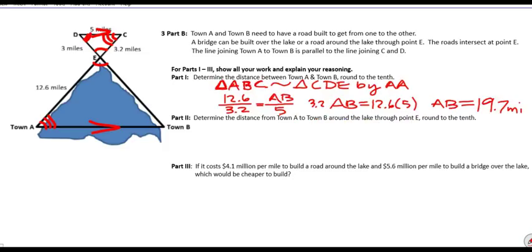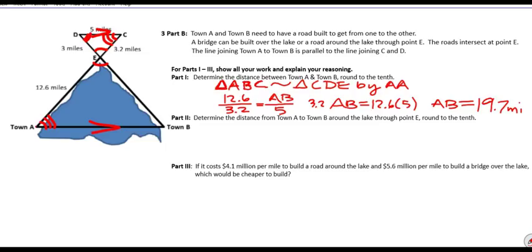The second part of this problem says determine the distance from town A to town B around the lake through point E, rounded to the tenth. So if we go around, we need to find out the length of BE as well.